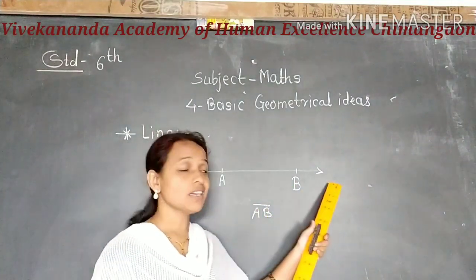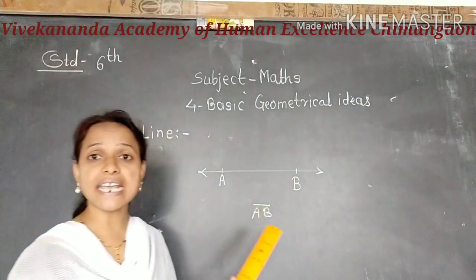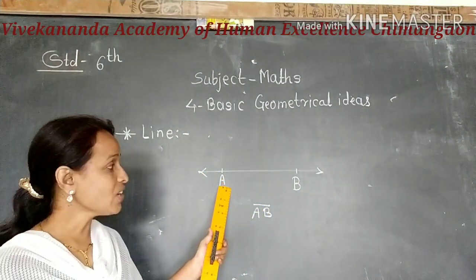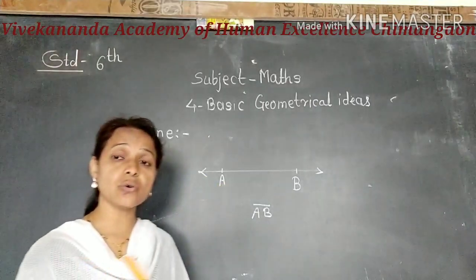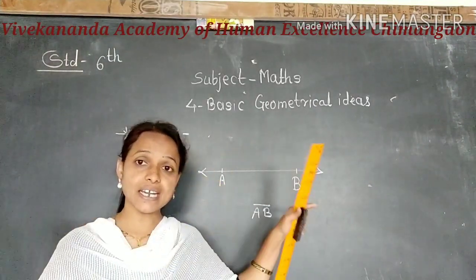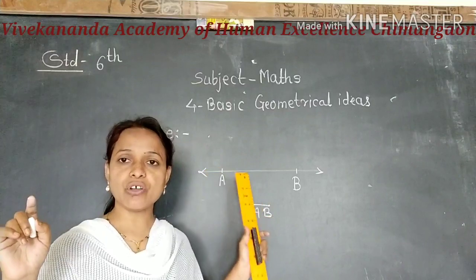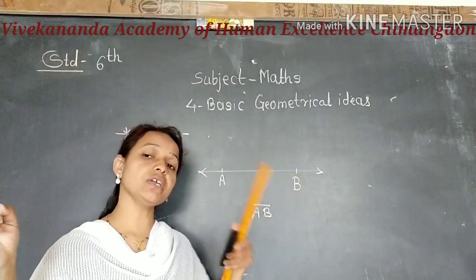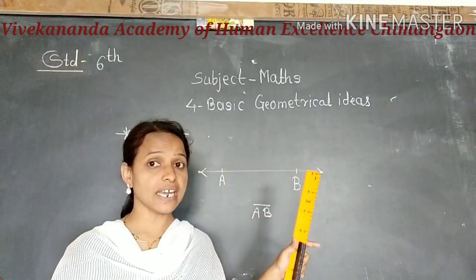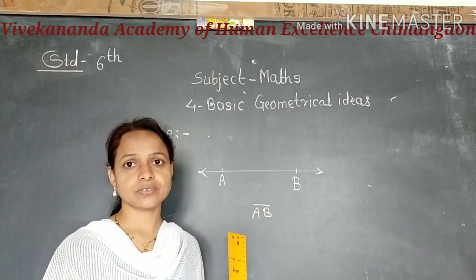See, here I have shown arrows. This means it can be extended beyond A in one direction and beyond B in the other direction without any end. The meaning of the arrow is that it has no end. So we can extend it in both directions, beyond A in one direction and beyond B in the other direction without any end.